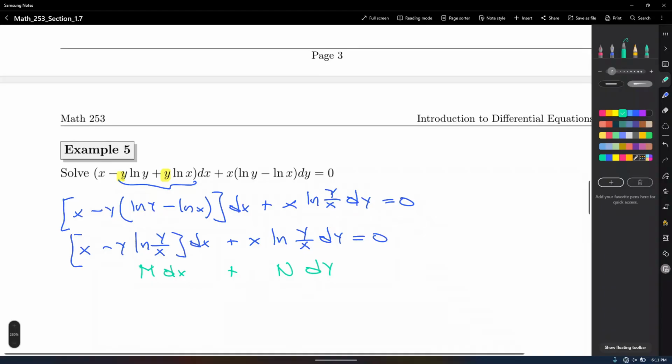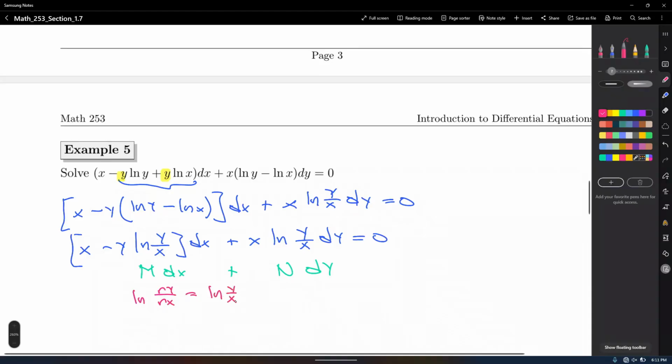What's the degree of x right here? Degree 1, do you guys agree? What about this one, degree 1? What about ln of y over x? Because ln is not polynomial, let's check: ln of ry over rx, what happens?